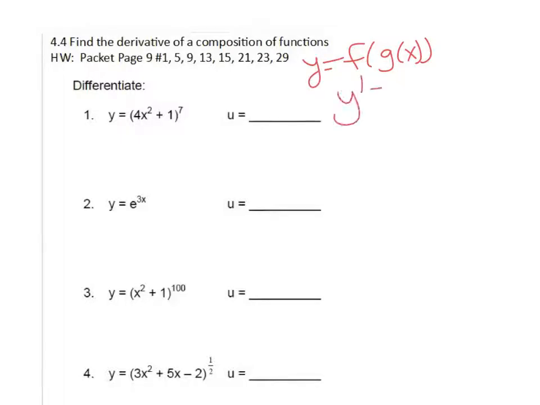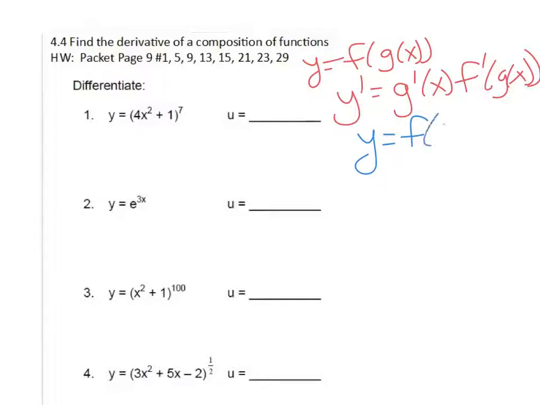Then the derivative, the chain rule says we take the derivative of the inside function and multiply that by the derivative of the original function with the inside it. Well, that's a lot of variables, so we can think of this as a shortcut. If we think of the inside function as u, the derivative is u prime and then f prime of u.